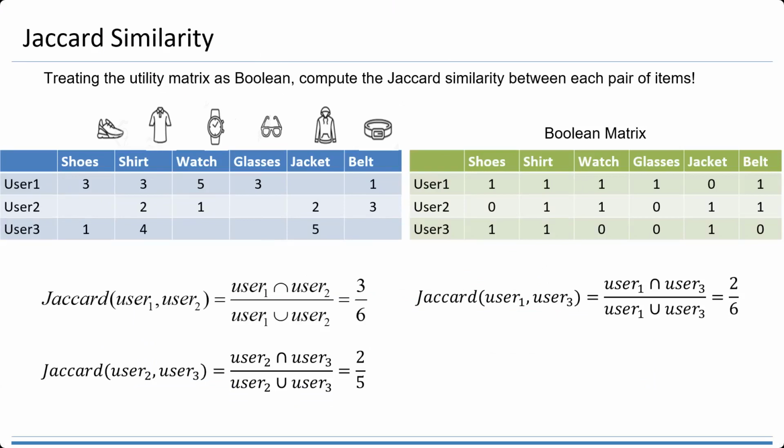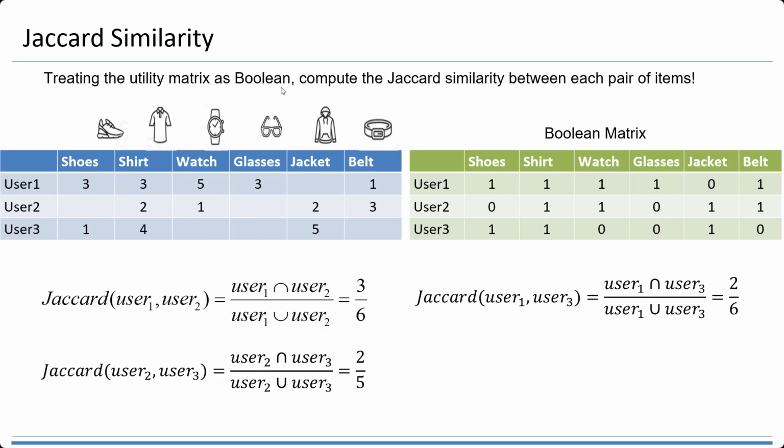Whenever we do the Jaccard similarity, the frequency means the exact number. If we use the cosine similarity, we can use the frequency, the exact number. But for the Jaccard similarity, we treat the utility matrix as boolean.